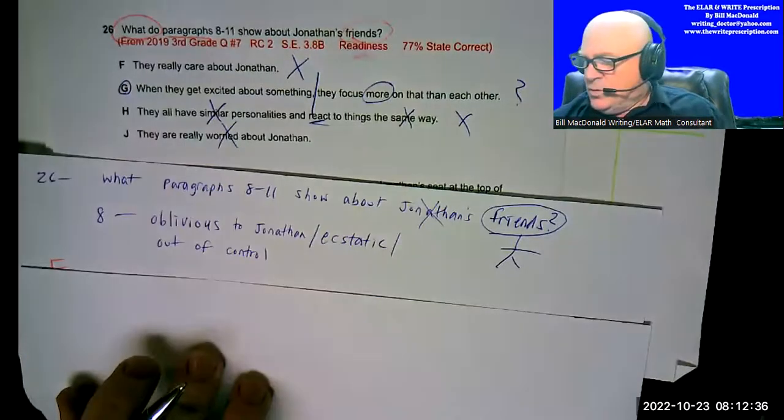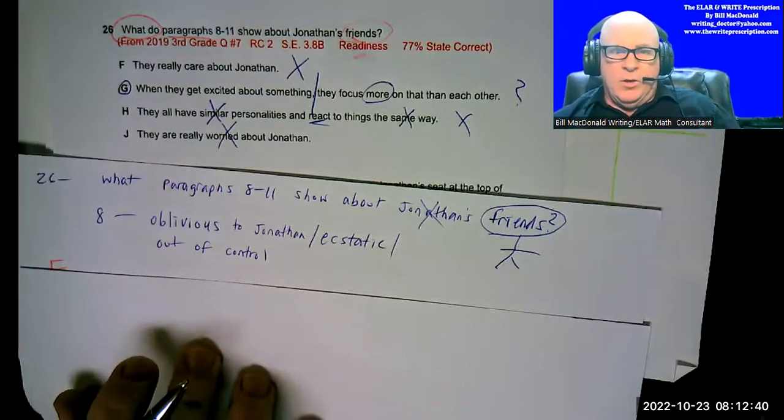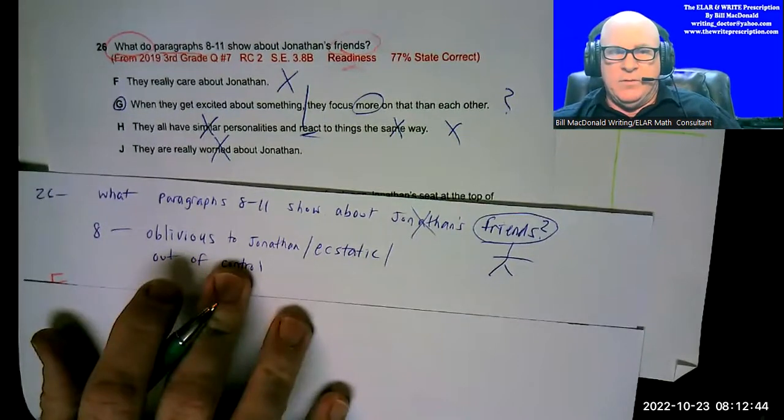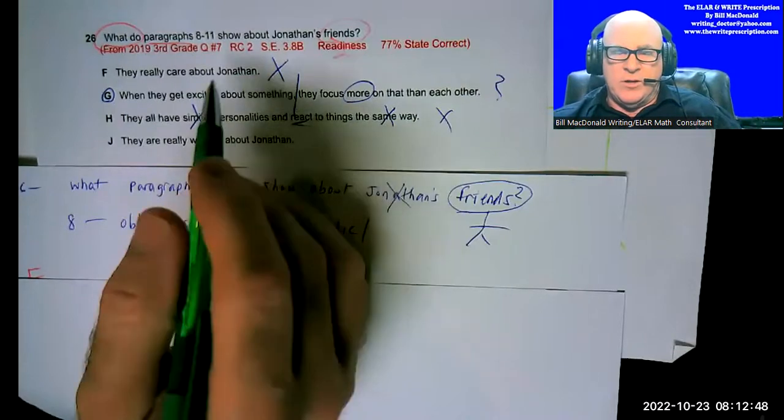So now that you've done all that, you could write out, when they get excited about something, and we already know it's Jonathan's friends.